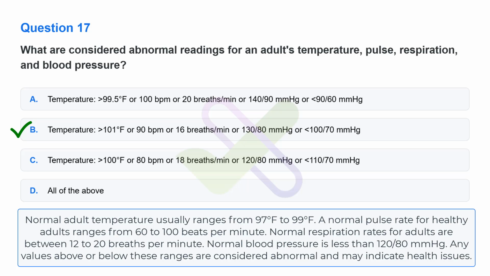A normal pulse rate for healthy adults ranges from 60 to 100 beats per minute. Normal respiration rates for adults are between 12 to 20 breaths per minute. Normal blood pressure is less than 120/80 mmHg. Any values above or below these ranges are considered abnormal and may indicate health issues.